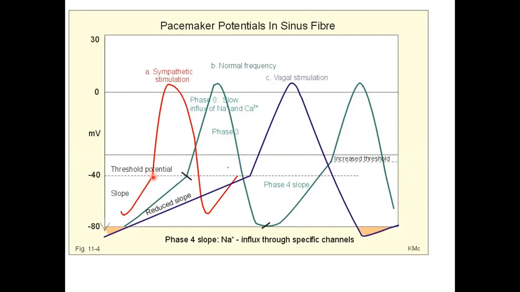So it hits threshold faster and produces a faster slope up. So epi and norepi are going to increase how quickly the action potential is generated. Acetylcholine is going to slow down the action potential. So it actually takes way longer to hit threshold and generate an action potential. And that is vagal stimulation, which is parasympathetic nervous system.